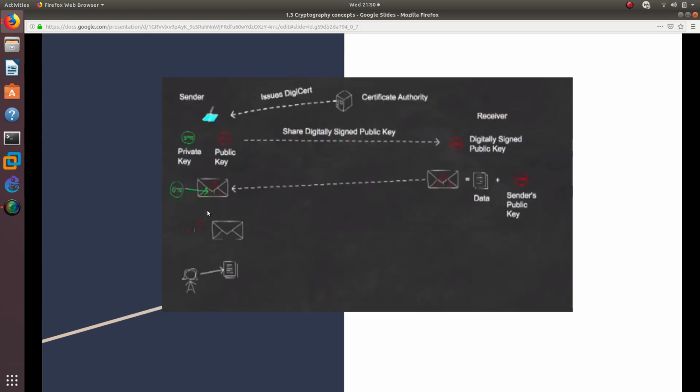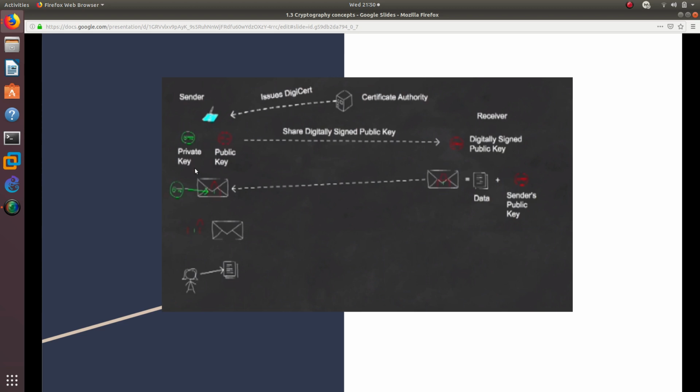Okay, and here's how this works. The CA, the Certificate Authority, issues a digital certificate to the sender, and the sender gets a private and a public key from the CA. Then he's going to share his digitally signed public key with the receiver.